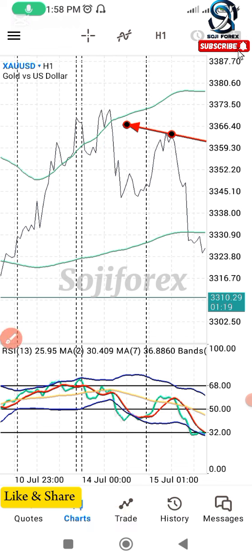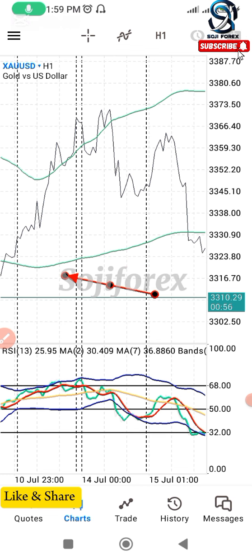Now, another way of confirming our trend, if you are having difficulty in identifying structural points, the goal is to make trading simple and for everyone to trade. So you can use the middle Bollinger Band to determine your trend. And how do we do that?